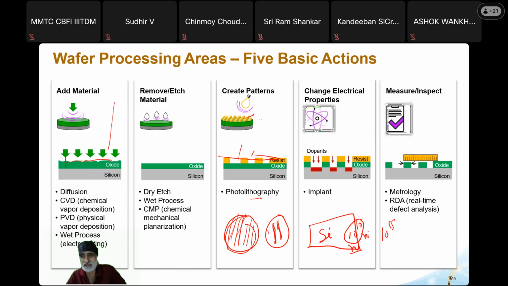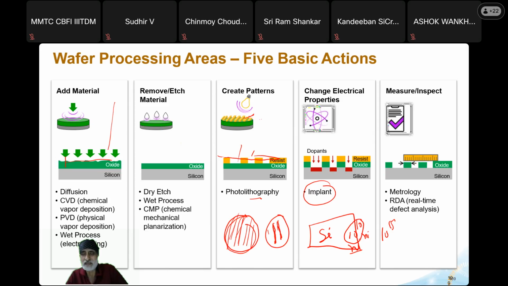That is known as implantation. Implantation is also used a lot, like when we have to make a well. There will be many implants in that. For making a source and drain, there will be many implants in that. So this is one process.